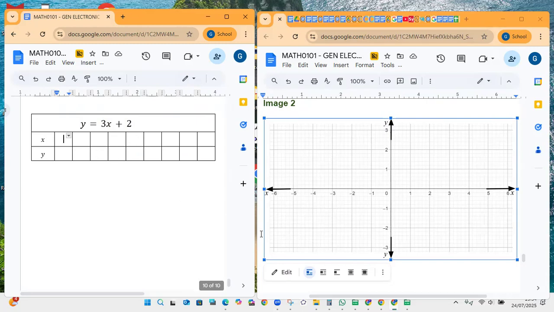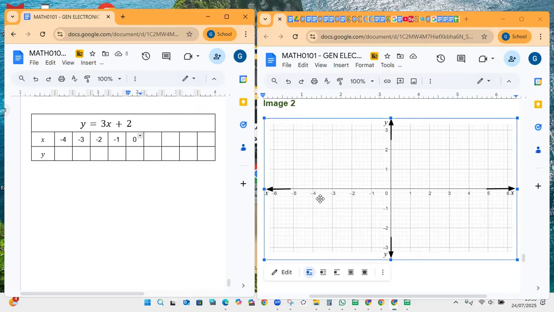So we can do -4, -3, as you can see, -4, -3, -2. I was just being cautious not to start too far, because I want to put some positive x values.